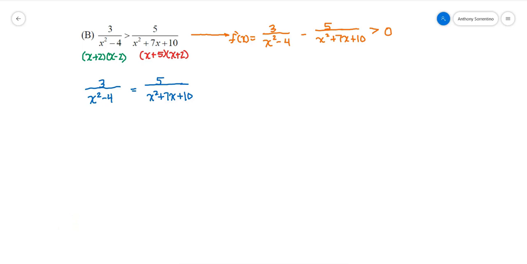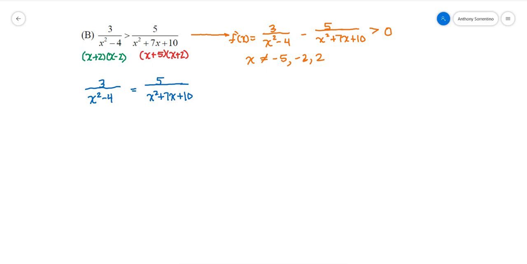So I know as a part of my domain restrictions, x cannot equal negative 5, negative 2, or positive 2. Those will create zeros in the denominators of one or more of these rational expressions, and that means it won't exist, and therefore I wouldn't be able to solve anything.